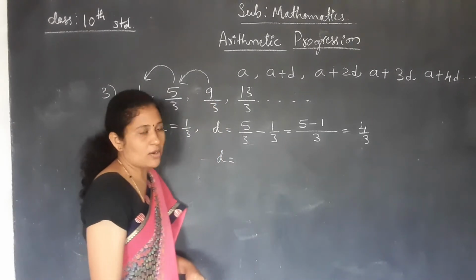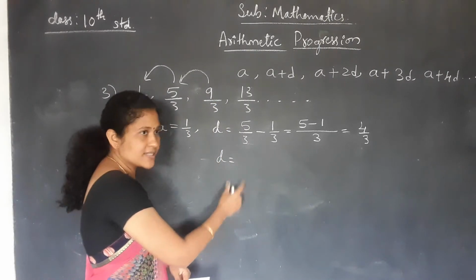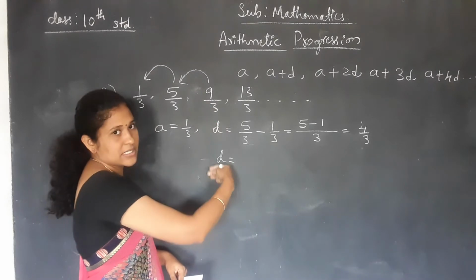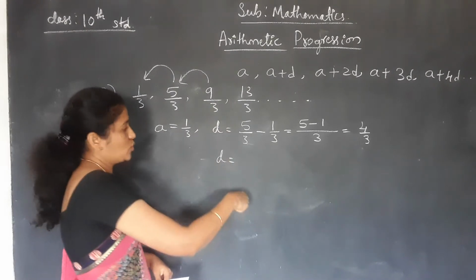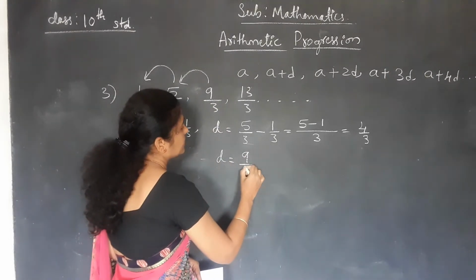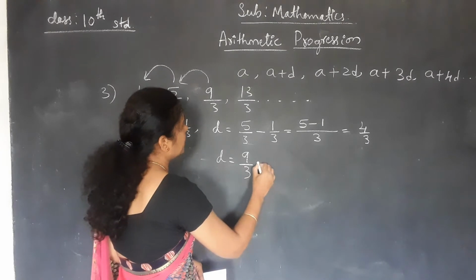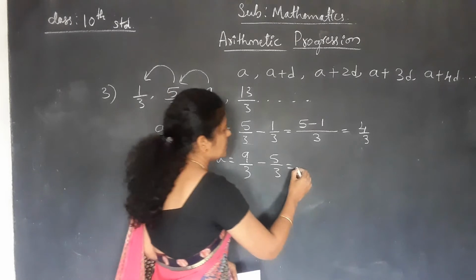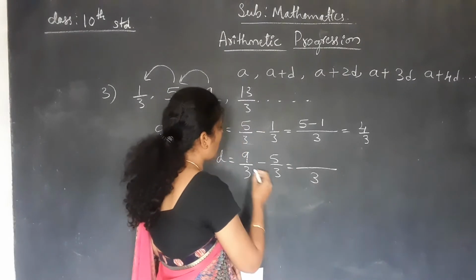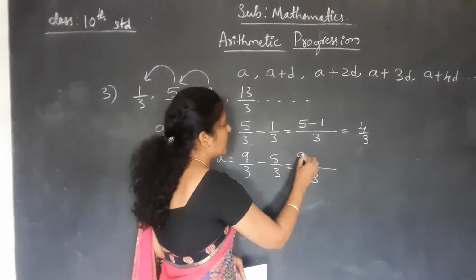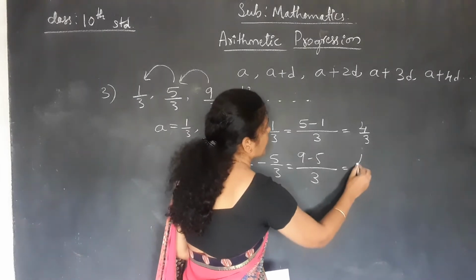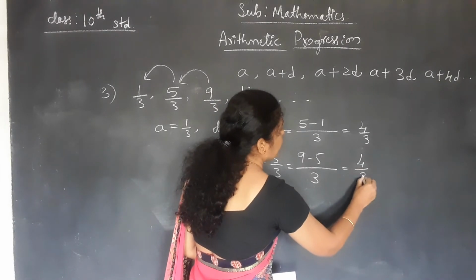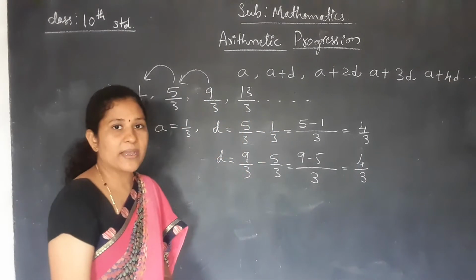But to make you understand, I am doing the successive terms also. So 9 by 3 minus 5 by 3. They are like fractions. Take 3 common. Numerators are simply subtracted, which is 9 minus 5 is 4. So again you got 4 by 3.